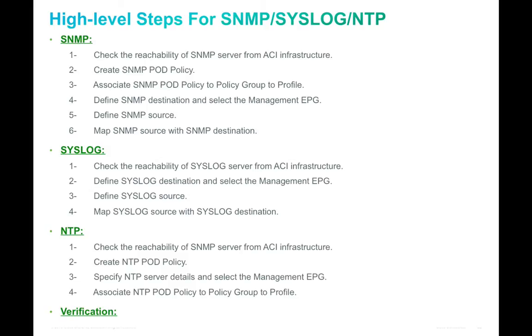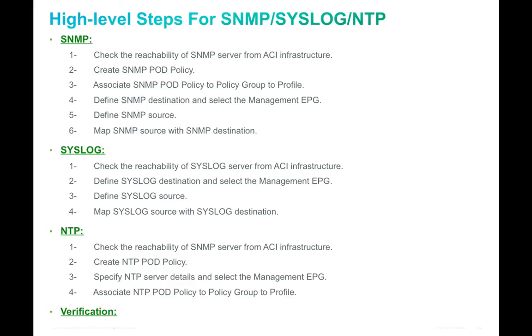For syslog, still need to check the reachability of your syslog server from your ACI infrastructure. Define the syslog destination and select the appropriate management interface. Define syslog source, and finally map your syslog source with syslog destination. For NTP, check the reachability of NTP server. My apologies, there's a typo here.